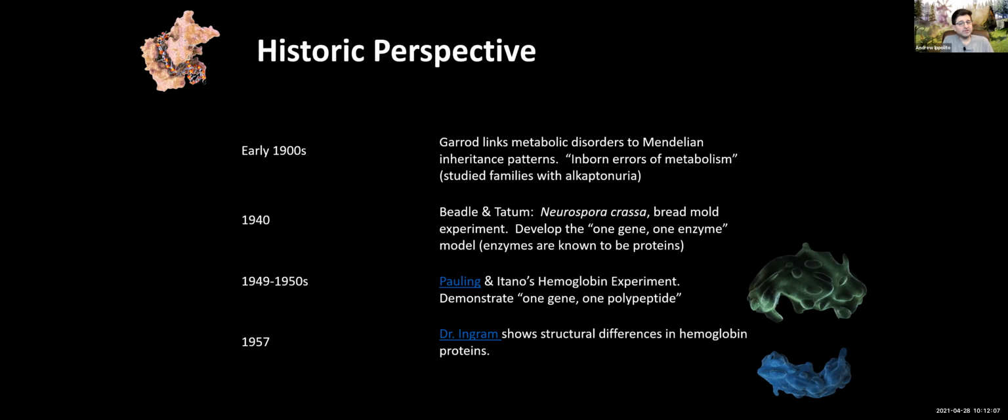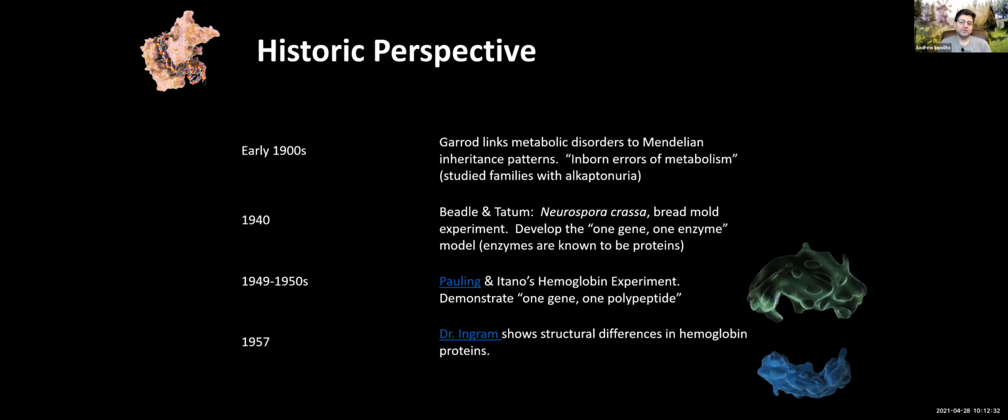By the 1940s, though, we got Beadle and Tatum using haploid Neurospora crosses to come up with their one gene, one enzyme model. We went through that experimental protocol in detail, so make sure you understand Beadle and Tatum through and through. Ask me questions if you don't get it, and I'll give you the missing pieces of the puzzle in your head.